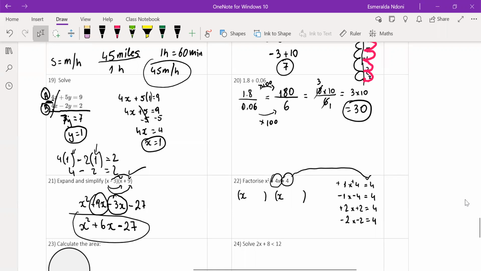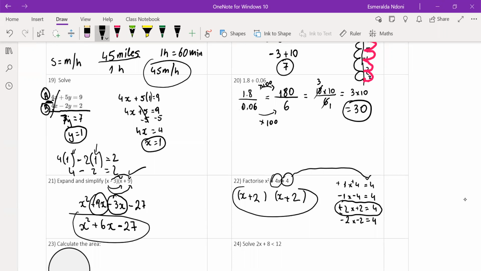And that pair is this one, because when you add +2 and +2 together, you get 4. But when you multiply them, you get 4 too. So we put the +2's in the bracket, and that is your finished answer.